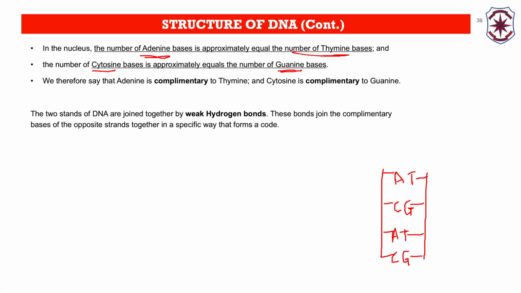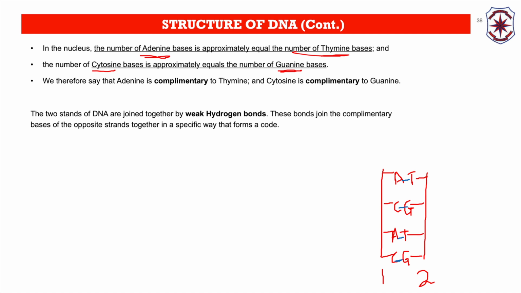This is the first strand of DNA, the left strand of DNA, and this is the second strand of DNA. The statement says that the two strands of DNA are joined together by weak hydrogen bonds. So the weak hydrogen bonds you would find there in between the nitrogenous bases of opposite strands of DNA.